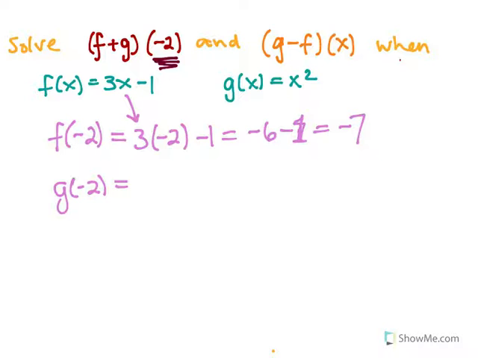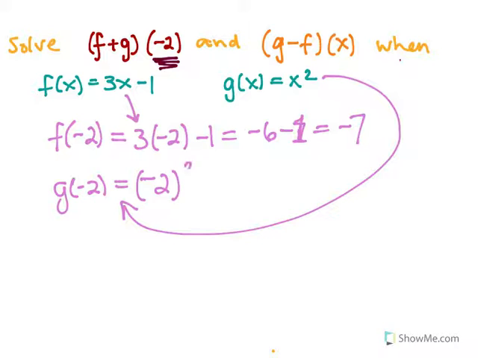For g, where x equals negative 2, instead of x we're going to write negative 2 squared. Negative 2 times negative 2 equals 4. Now that we've solved f and g separately, we can go back and see what the operation says to do.